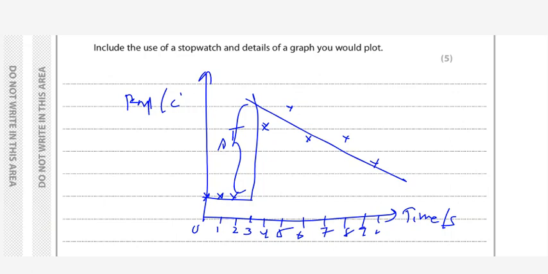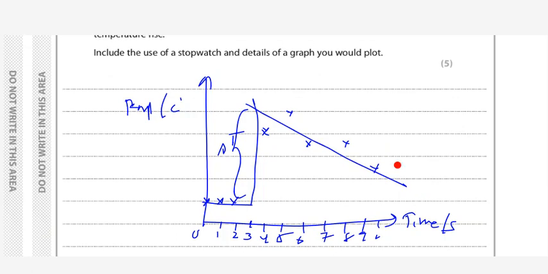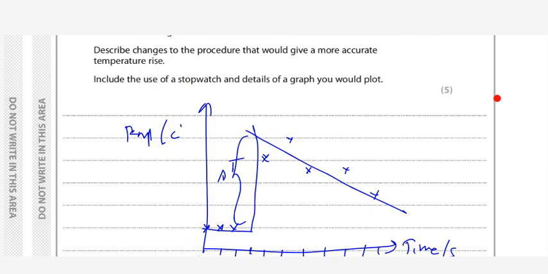Yeah. So you basically have to explain this whole process. Can mention this first. Since it's 5 marks, details should be mentioned. You can first mention, record the initial temperature of water.